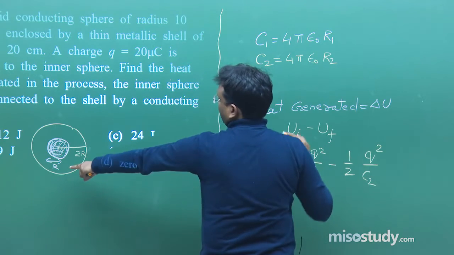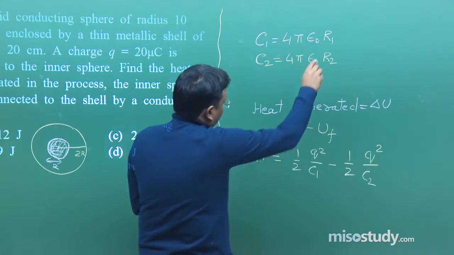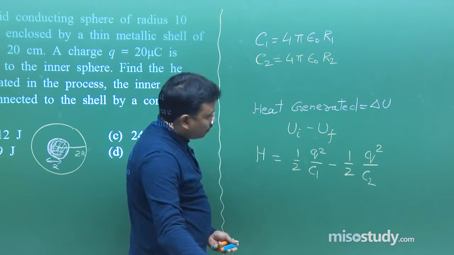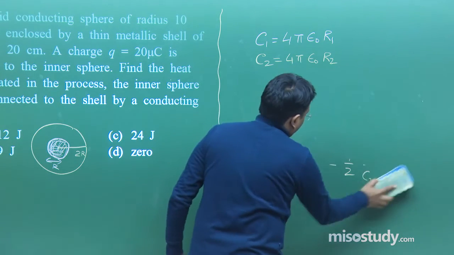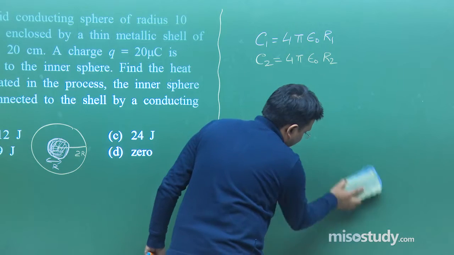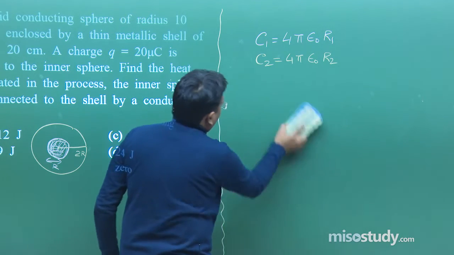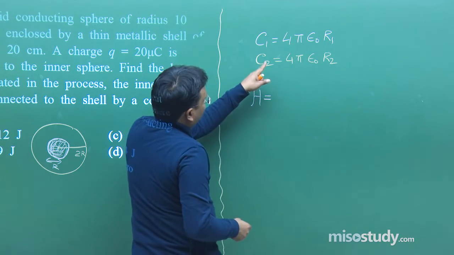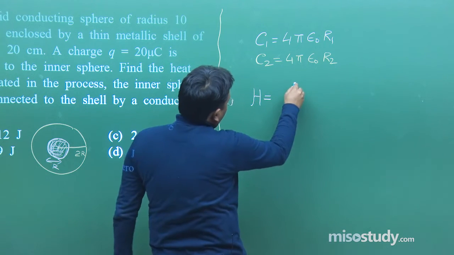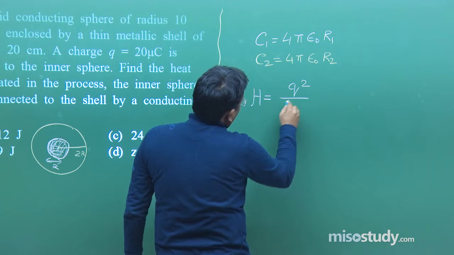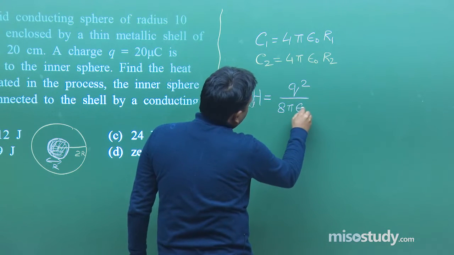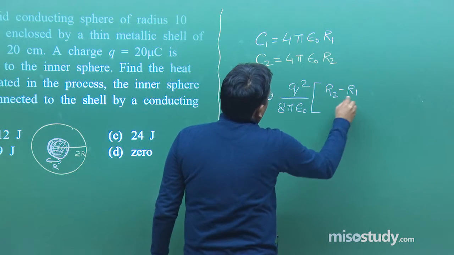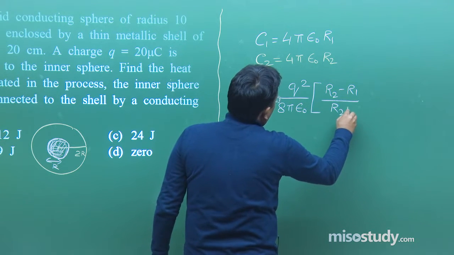Value of R1, R2 I assumed like R and 2R, no problem, we can put the values over here, and after solving, let me solve it for you. H is equal to, fine, after putting the values of C1, C2 you can write it, Q square upon 8 pi epsilon naught, R2 minus R1 upon R2 R1.